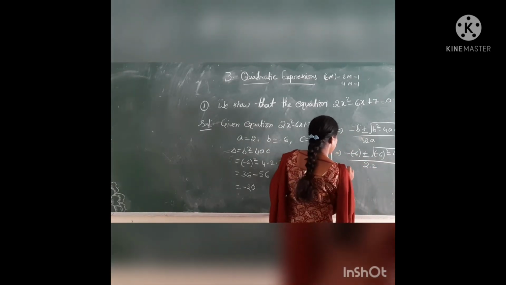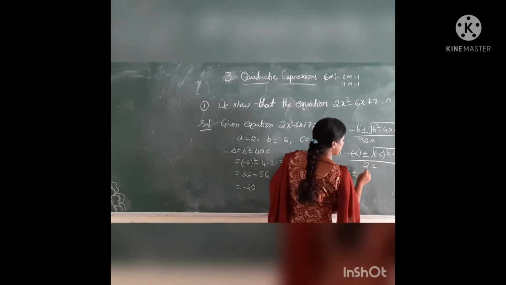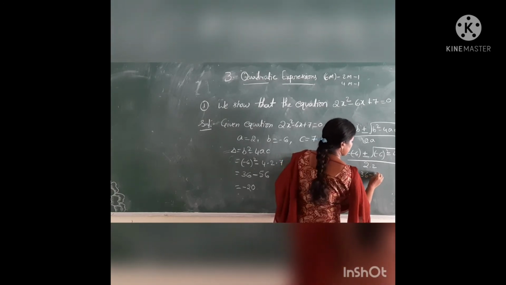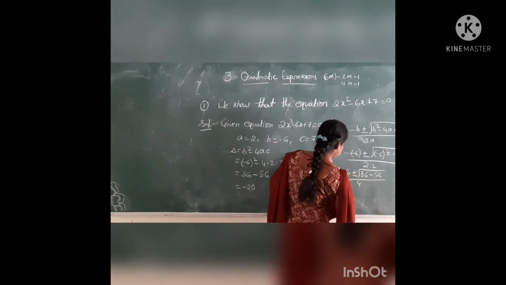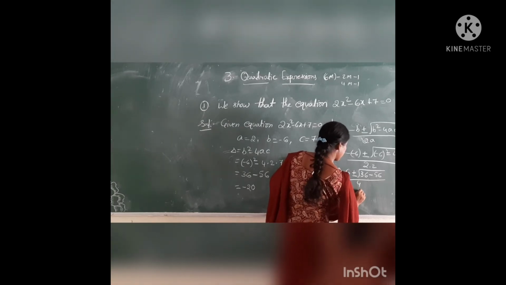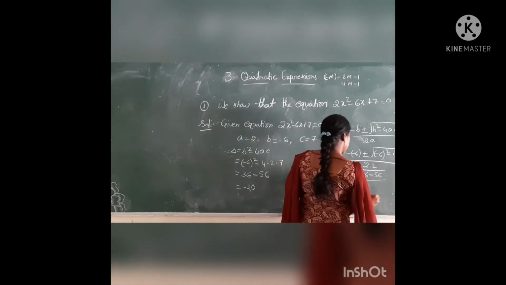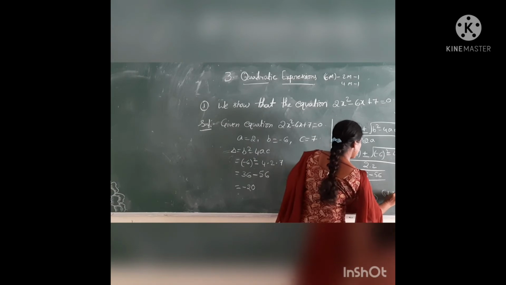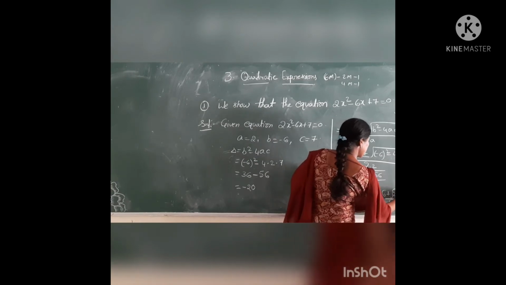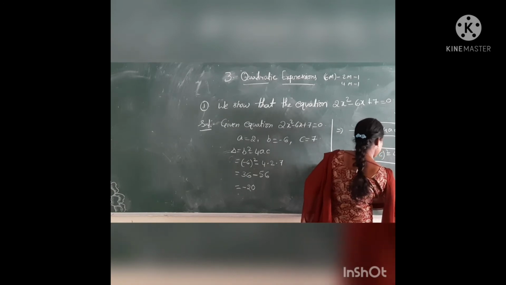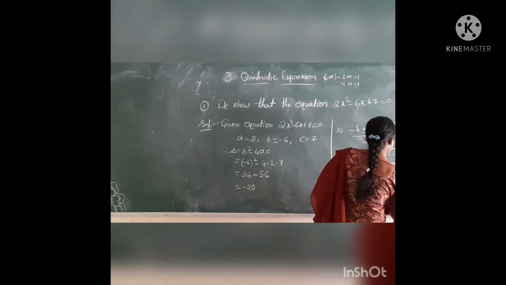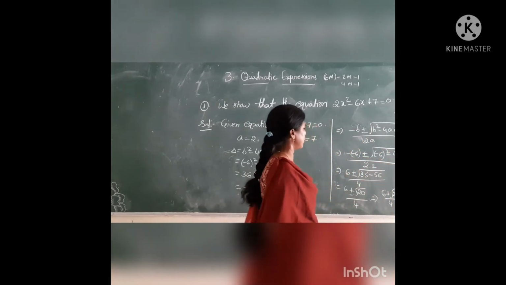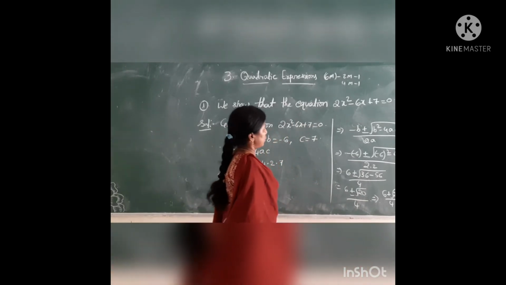Okay, that is equal to 6 plus or minus root of 36 minus 56 by 4, that is equal to 6 plus or minus root 20 by 4. See here, that implies 6 plus root 20 by 4 and 6 minus root 20 by 4. These are roots of the given quadratic equation. Okay, understand?